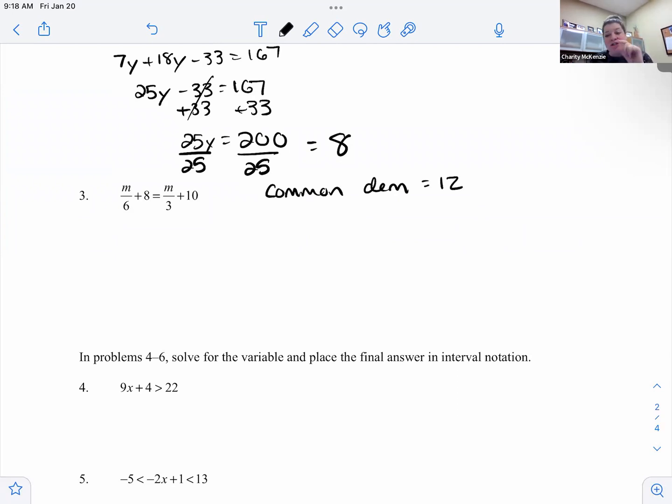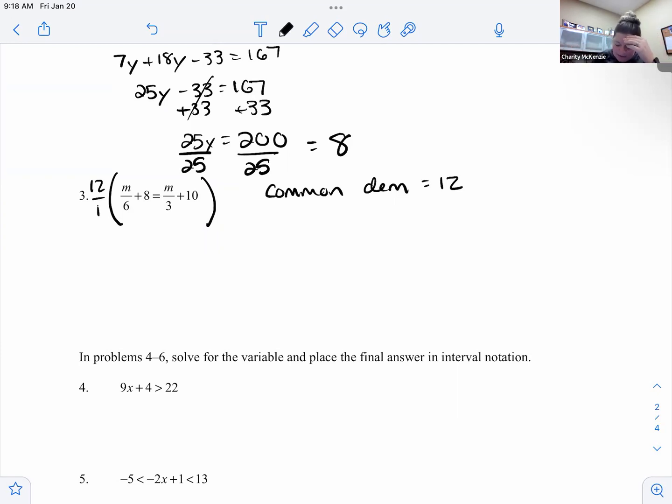And then what you do is you multiply by this. And you're going to multiply everything by 12. And you can think of it as 12 over 1. And you're going to multiply every single term on both sides of the equal sign, because that makes it legal. I'm going to multiply a scalar of everything.